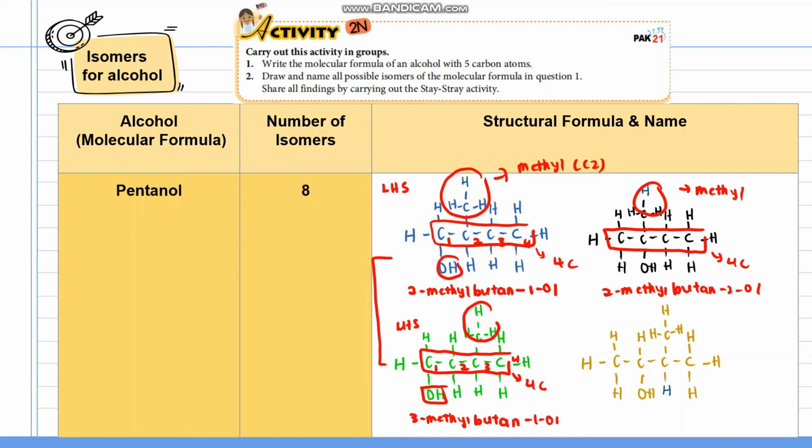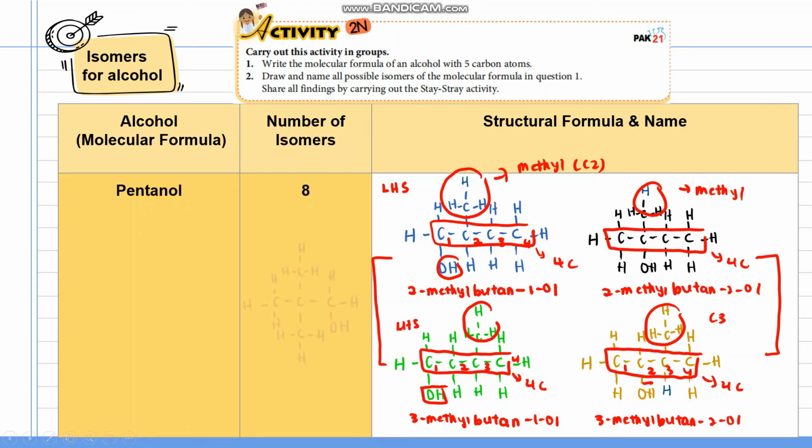For the second case, again we can switch the position of the branch to the next carbon. The longest carbon chain has 4 carbons: carbon 1, 2, 3, and 4. The methyl group is on carbon number 3, and the hydroxyl group is on carbon number 2. So we name it 3-methylbutan-2-ol.